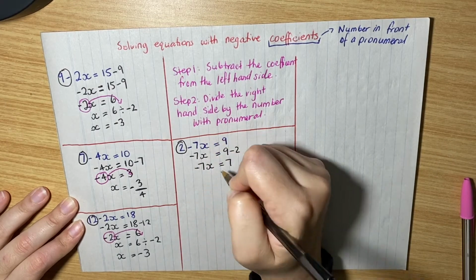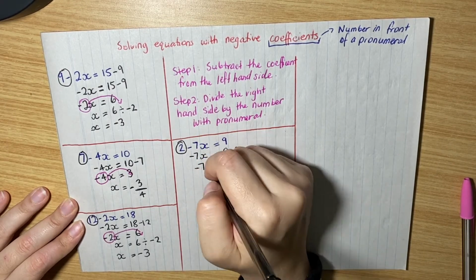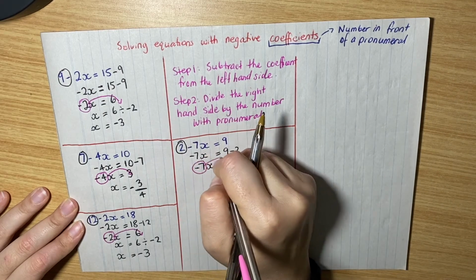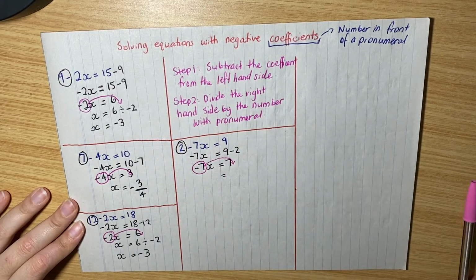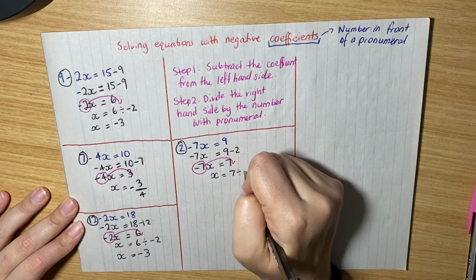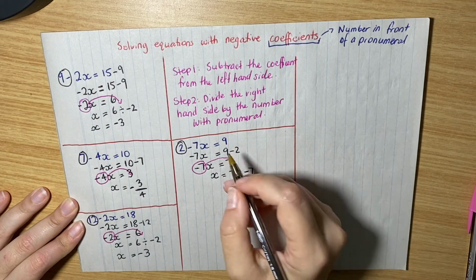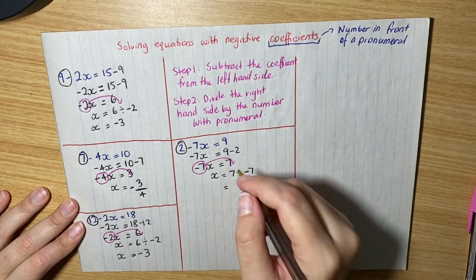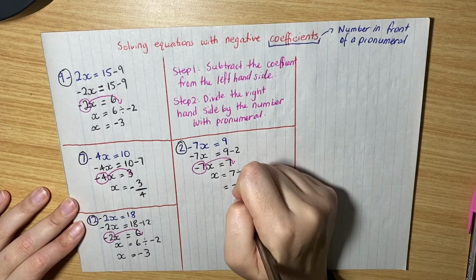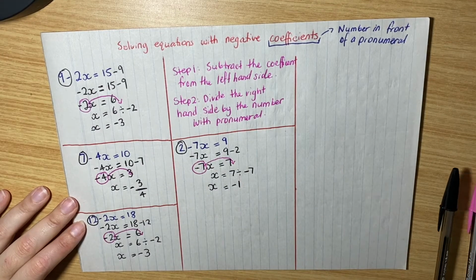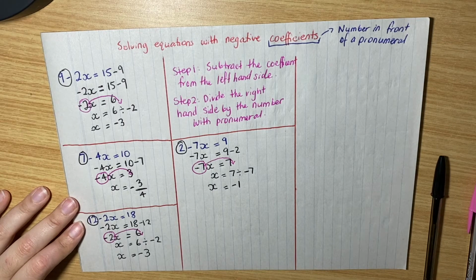Then I'm going to take the minus 7 to the right-hand side. So then I get x equals 7 divided by minus 7. 7 divided by 7 is 1, but it's a positive number with a negative number, so it's a negative symbol, and it's 1. So x equals minus 1. Simple and easy. Let's keep going.